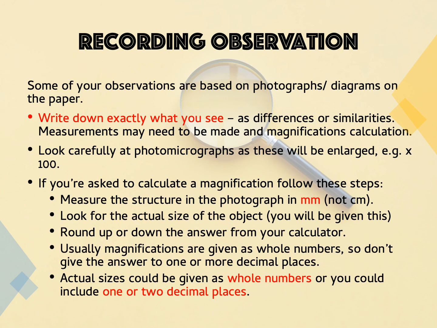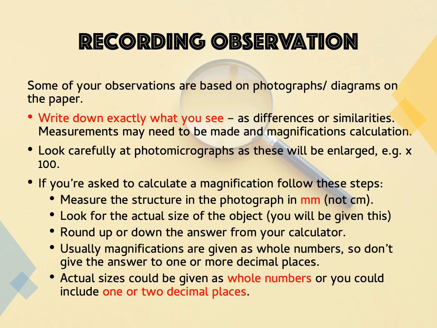So, when you calculate a magnification, you need to follow these steps. Remember to measure the structure in the photograph in millimeters, not cm. Look for the actual size of the object. Sometimes you will be given it and sometimes they will ask you to measure the diagram.